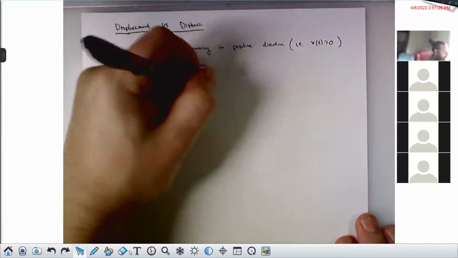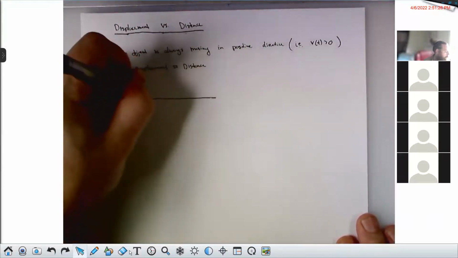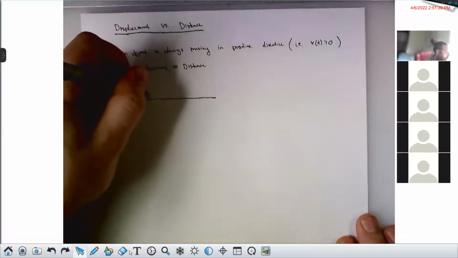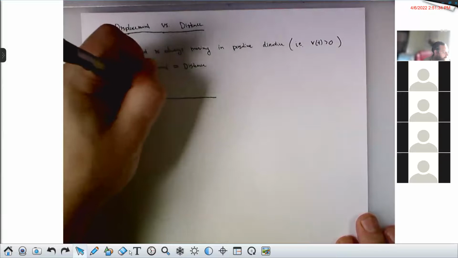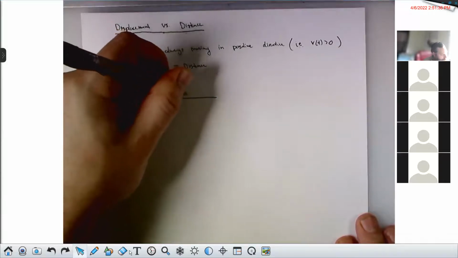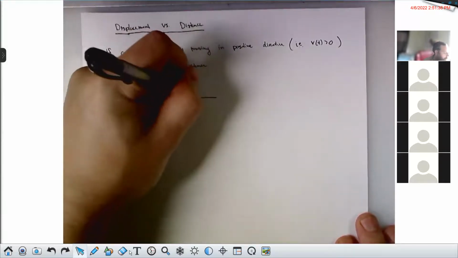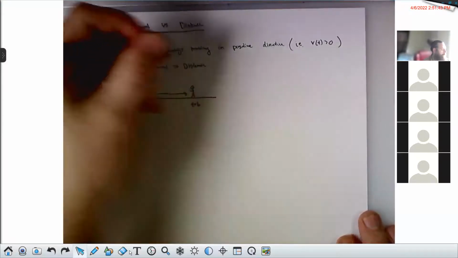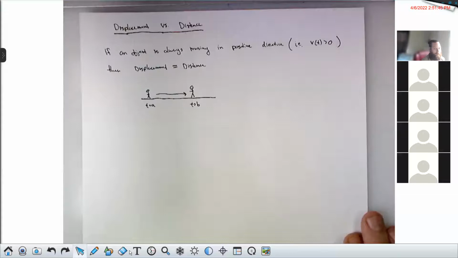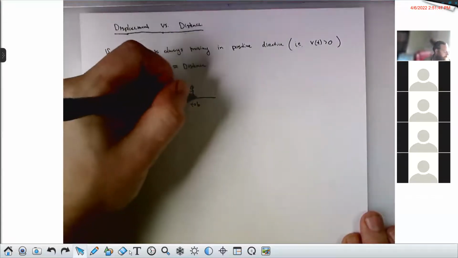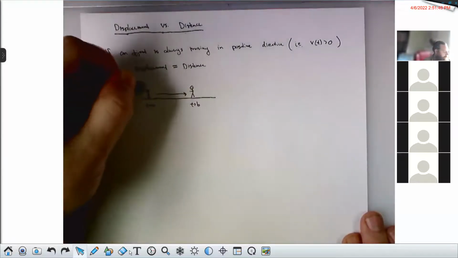All right, and the picture here is not a very exciting one. Here I am at time t equals a, and I just walk in this forward direction the entire time. Here I am later at time t equals b. My displacement is my position here minus my position here.